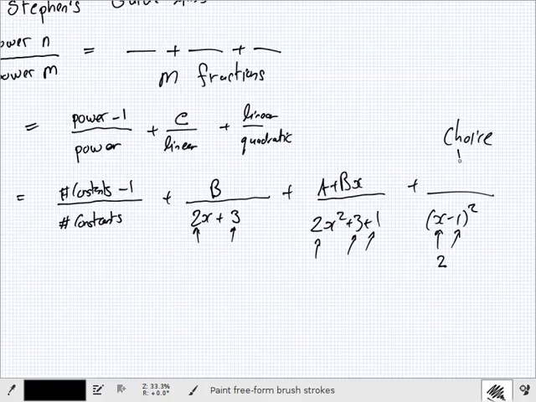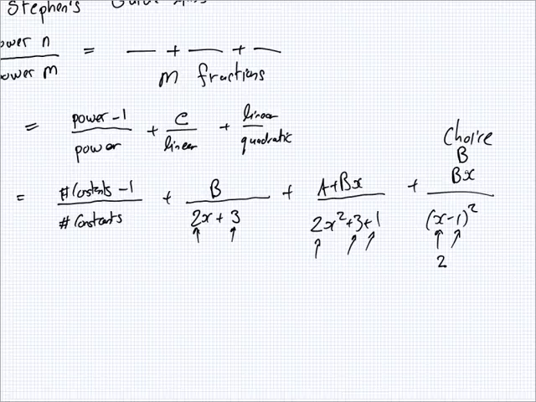You can call it just b, or you could call it bx. And in fact, both will work. So you can have b or bx on the top. These are both linear, and they both have one constant, and the bottom has 2. So I know it's seeming a bit complicated, but when we do some examples, it won't be as bad.